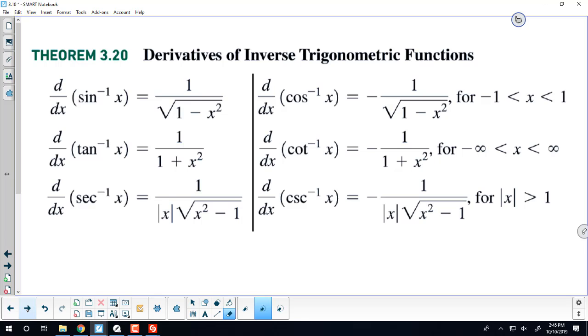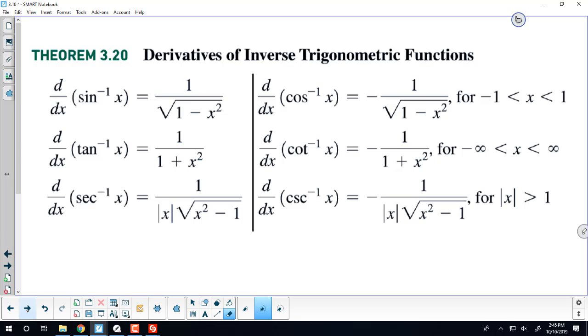Here's 6 more derivatives that you have to remember. Honestly, just like with the trig functions, sine, cosine, tangent, if you know their derivatives, you know the other 3. Same thing here. If you know the derivative for inverse sine, inverse tangent, and inverse secant, the other derivatives are just the negatives of those.